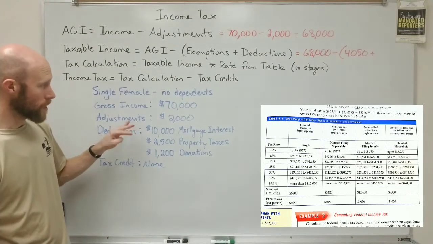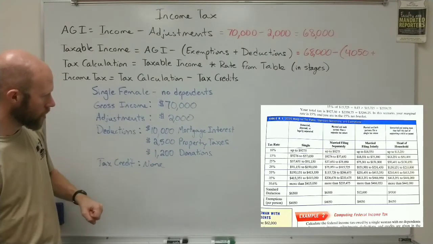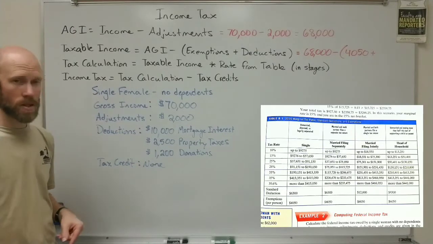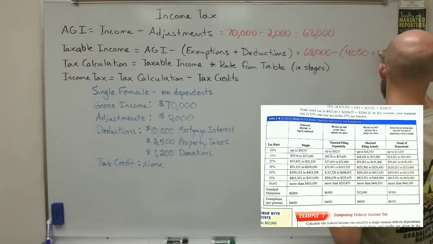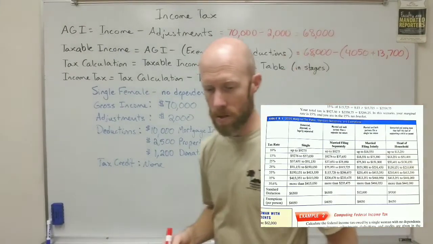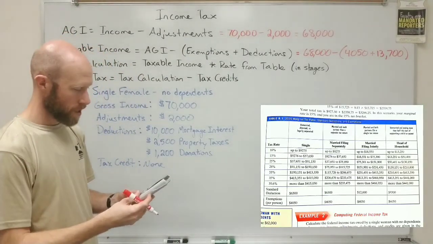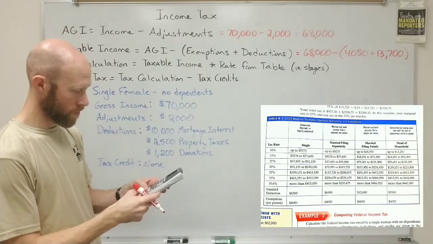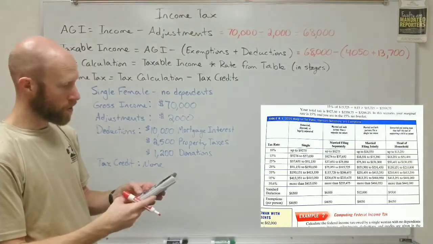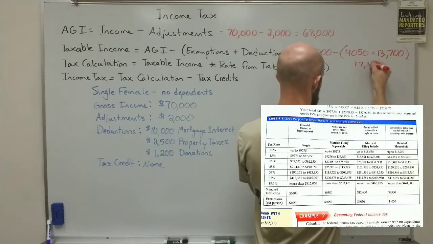So we're going to go ahead and do the itemized deduction, which together, 10,000, 2,500, 1,200, is 13,700, right? And we add those two numbers that we're going to be reducing the AGI by, so that is 4,050 plus 13,700, and that number is 17,750.